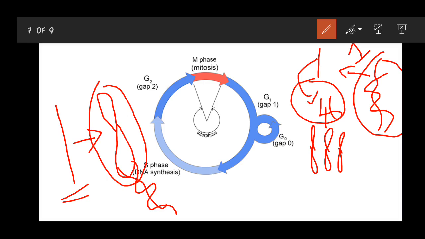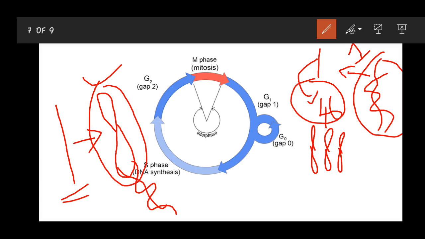You have 23 pairs, which means 46. Each of the 46 is a solenoidal fiber, a single stretch of double helical DNA, and when that is compacted you get such a structure. So such 23 pairs are there, and if you count the number of chromatids, it will be the same as 23 pairs, or 46. Hope this is clear.